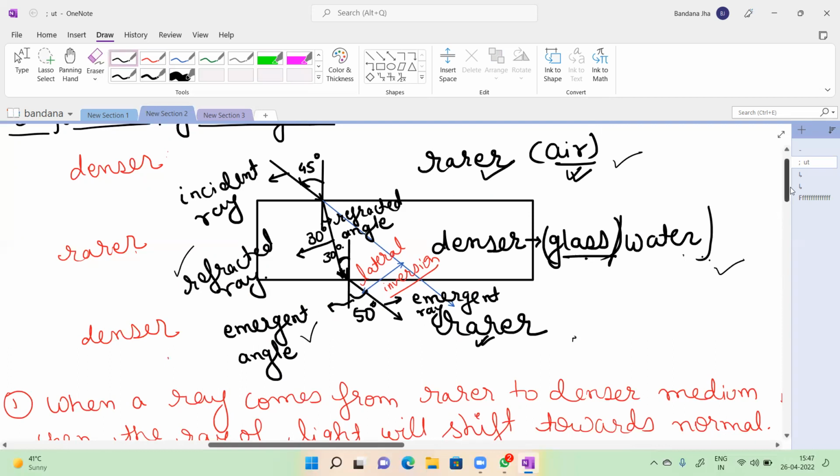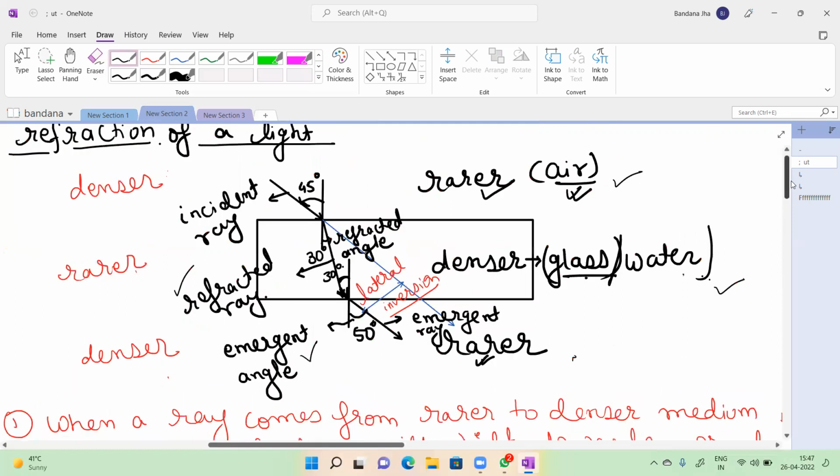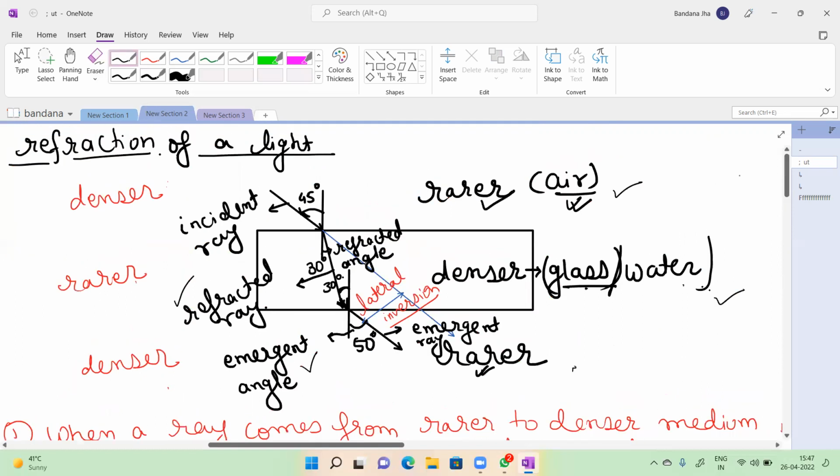Emergent rays go away from the normal, right? The third party. This is your first party, this is your second party, this is the third party. So whenever the third party ray of light comes out, that ray of light is known as what? Emergent ray.